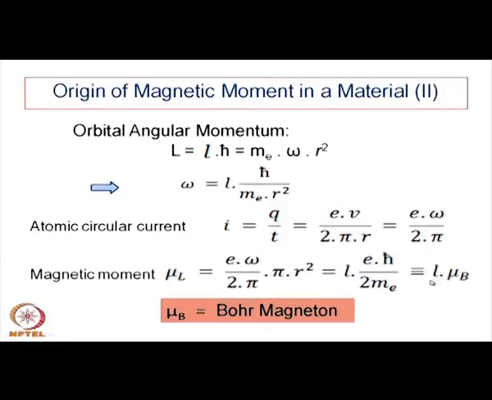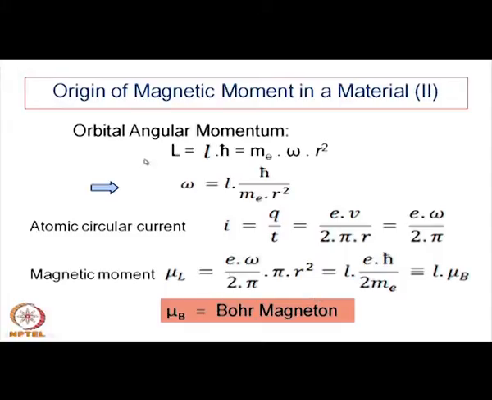So, depending on the angular momentum quantum number L, you have the total magnetic moment multiplied by that number, and mu b is this parameter which is fixed, which is constant.